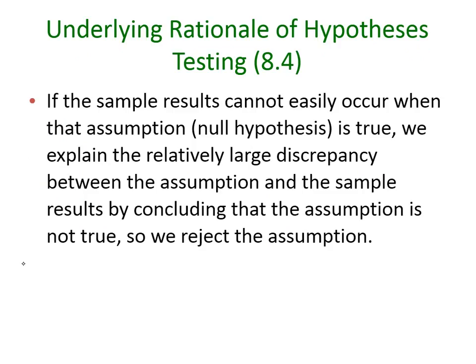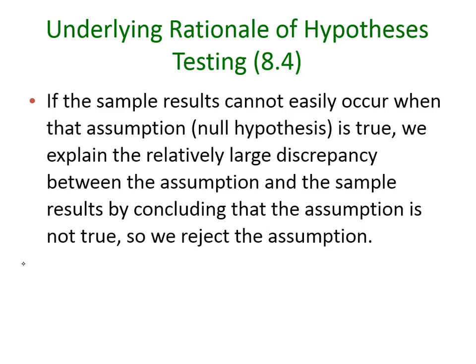And that's what we're using on this: if the sample results cannot easily occur when that assumption is true, so if I'm assuming the null hypothesis was that the mean really did equal 150, but that's such a small chance that it's only going to happen less than 2.5% of the time, we explain the relatively large discrepancy between the assumption and the sample results by concluding that the assumption's not true.